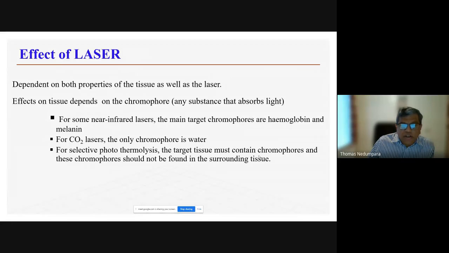For carbon dioxide lasers, the only chromophore is water. So if you want to get a selective photothermolysis, for example, of the melanin, you have to use a laser which is mostly absorbed by that melanin and no other tissue.